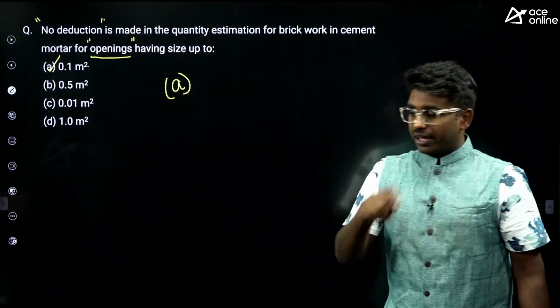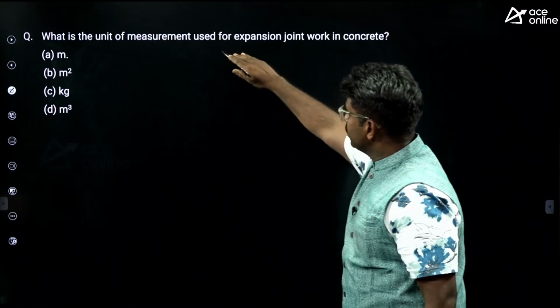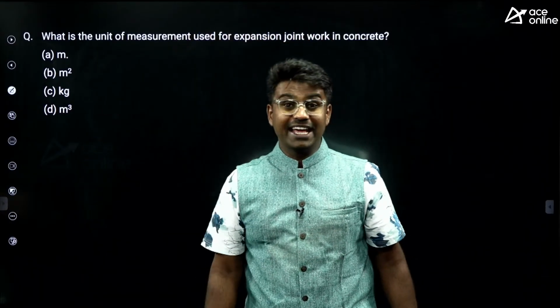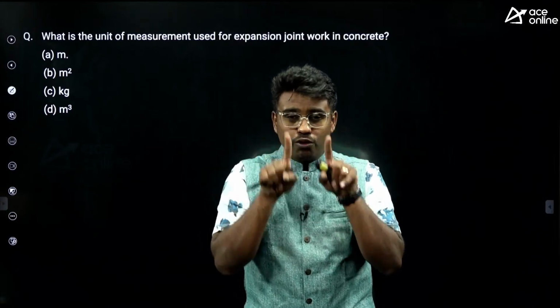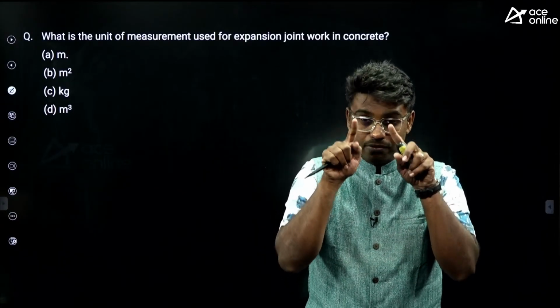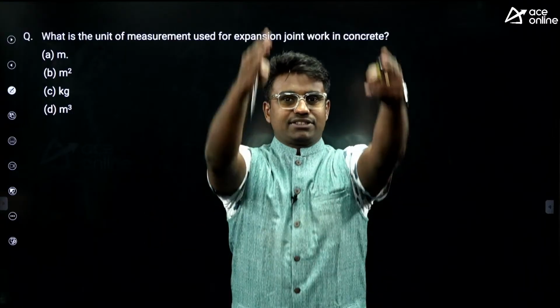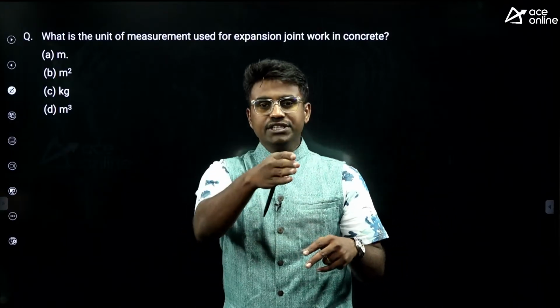Right? Okay. Next one. What is the unit of measurement used for expansion joint of work in concrete? Expansion joints. Concrete के flooring में और concrete pavement के डालते वक्त they won't lay just at a stretch. They lay piece by piece. There are divisions made.